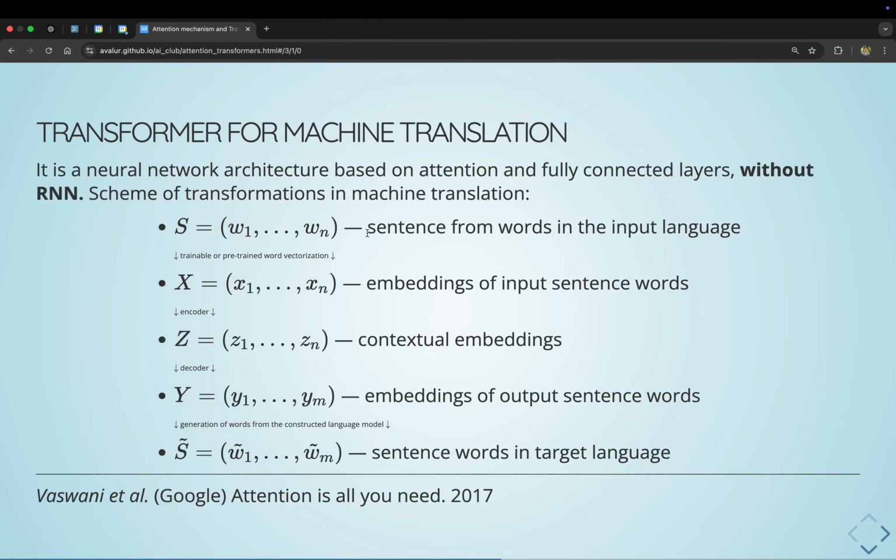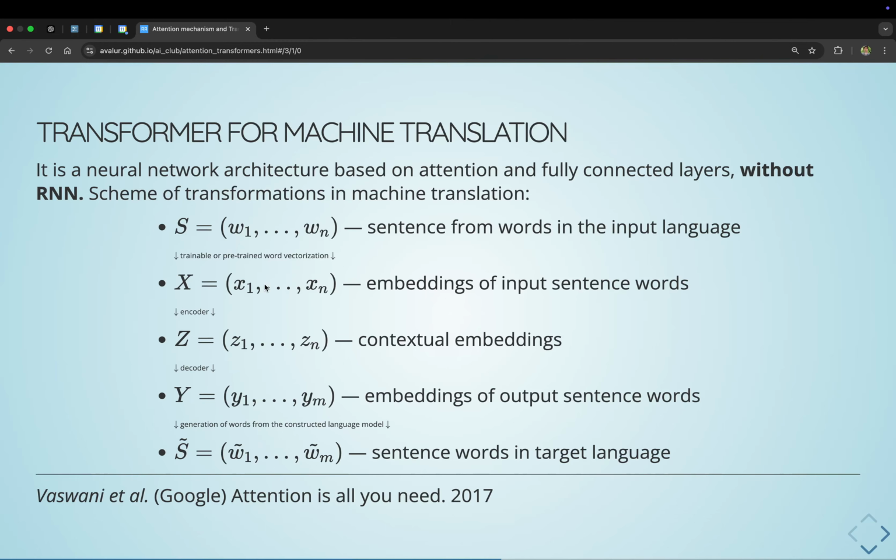Let's say that it is the sentence of words in the input language, for example, in English. So these are our input sentences. Then, of course, we transform all the words to embeddings of input words, and x1, x2, and so on, xn are vectors.